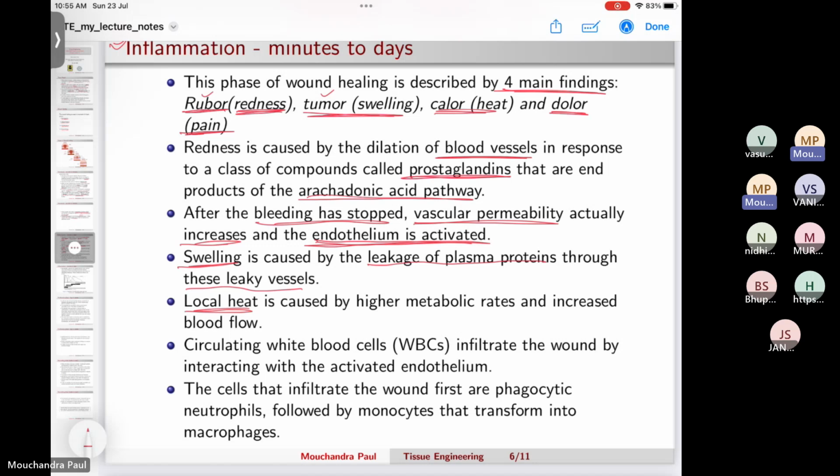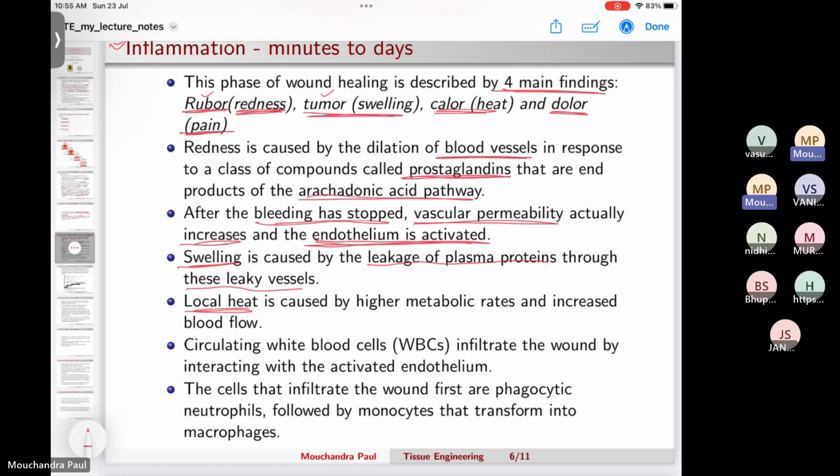As I said, the blood flow has increased, so the excess heat of the body that the body doesn't need anymore also escapes from the site of the wound. With more blood flow, it's easy for the heat to escape from the body, resulting in the local heat that you experience at the site of inflammation, meaning at the site of the wound.